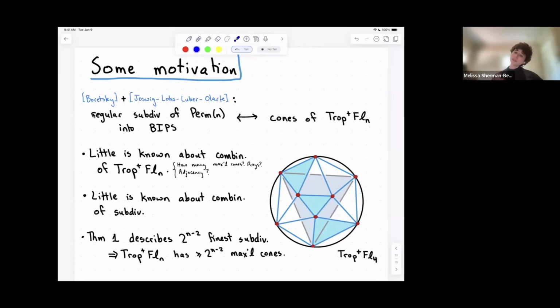And there are some choices you can make about which fan structure you put on it. Some fan structures, I think, definitely are polytopal. The particular one that I'm talking about, which matches up with the combinatorics of the subdivisions, I think it's not known if that is polytopal or not. In this particular example, it is. I think it's the normal fan of the associahedron, but that's very special to n equals 4.